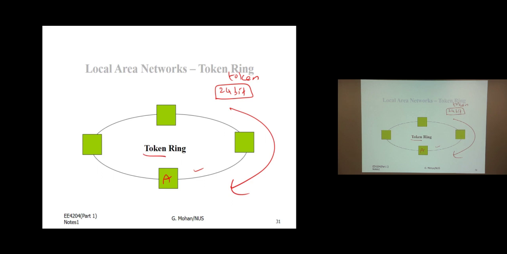Usually, one of them will be elected as the leader, who is responsible for generating the token. Then what happens if the leader crashes? What happens if the leader thinks the token is lost, but actually there was just a delay in the token? The token is active, but it did not see the token for a long time, so it thinks the token is lost. It should not generate a new token, because if two tokens are circulating, then there will be collisions. Am I correct?